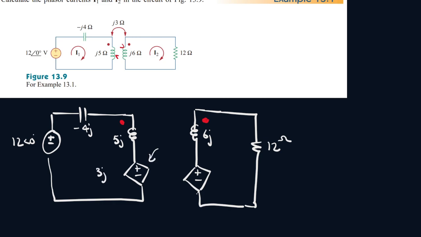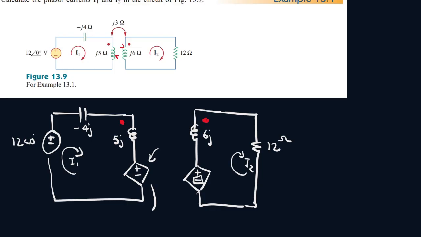For this one, it's going to be the mutual inductance times the current passing through this. We have a mesh here called I1, and a mesh here called I2. We see I2 enters from the negative terminal of this dependent source, so it'll be minus I2. Let me just draw it down here.